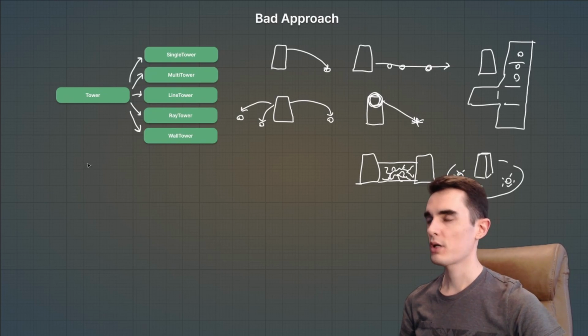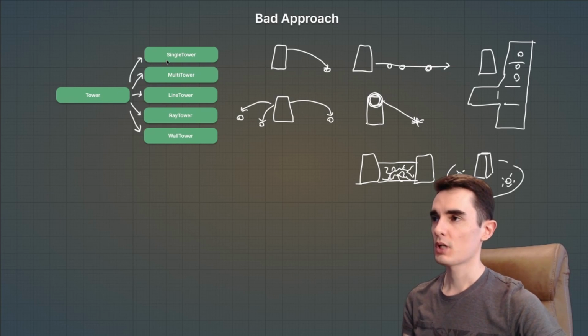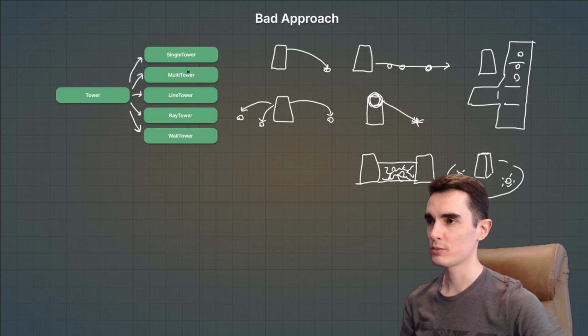What is the second worst approach that we could take? That would be to have classes inherited from this class. Because in this case, yes, we have abstracted a little bit, we have separated functionality of each tower a little bit, but still all of this is tightly coupled together, and it means that changes introduced to each of these classes, or maybe when we add new classes, there's a chance that it's going to affect the entire hierarchy.